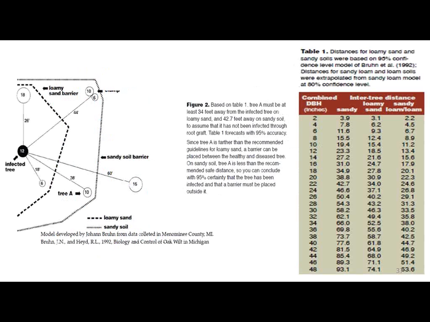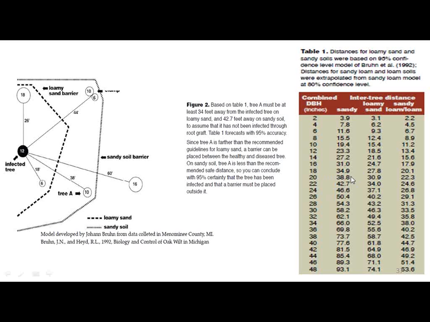There's more sophisticated models out there that take into consideration the soil type as well as the size of your infected tree and your healthy tree, and then based on your soil type and what the combined diameter is, you can go and use these different charts that will tell you, for example, a 20-inch tree on sandy soil, or combined DBH of 20 inches, say you've got 2 10-inch trees.